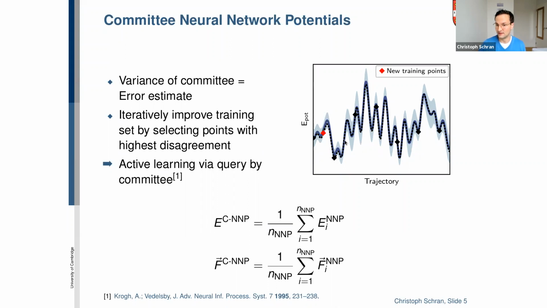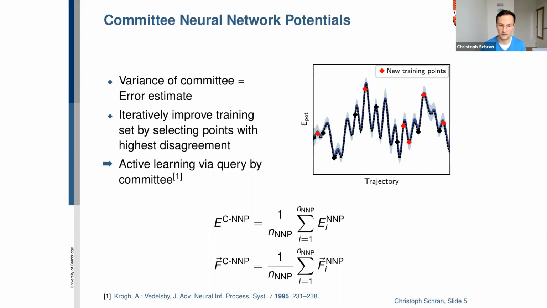For example, in this region, we have seen relatively high errors. So we can put a new training point into our training set, refit our model, and then improve the error and also the prediction in this region. You can do that multiple times and iteratively improve your model, which gives rise to a very powerful data generation algorithm.